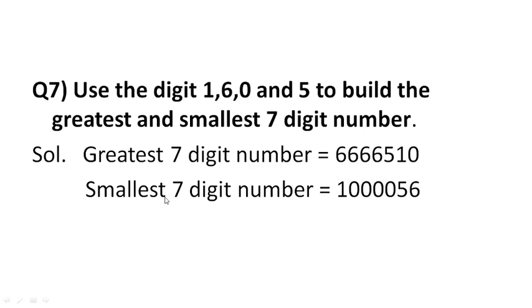You see here we have written the digits in ascending order except 0. We can't put 0 on the first place. And if you want to write the 7 digit greatest number, then you write all the digits in descending order. First you see here 6 6 6 6, then after that 5 1 0.